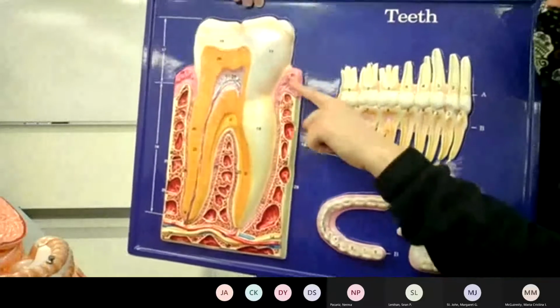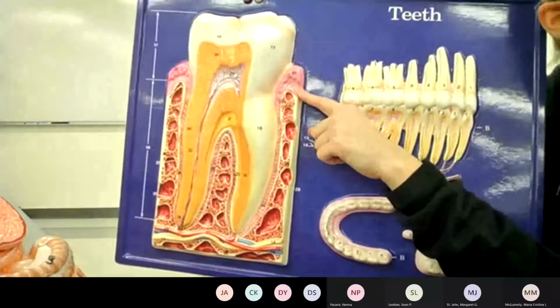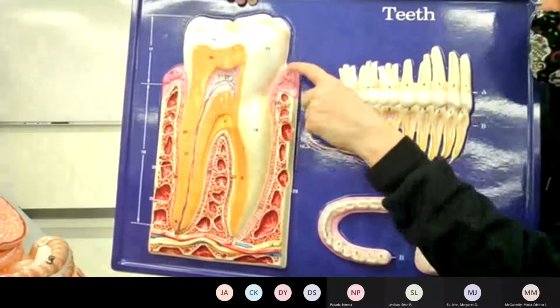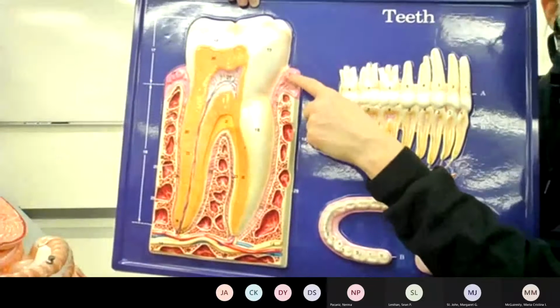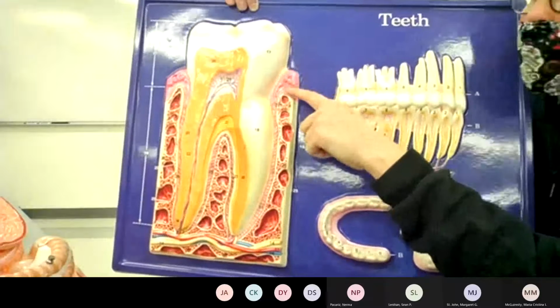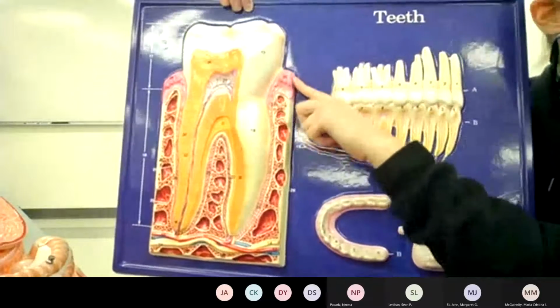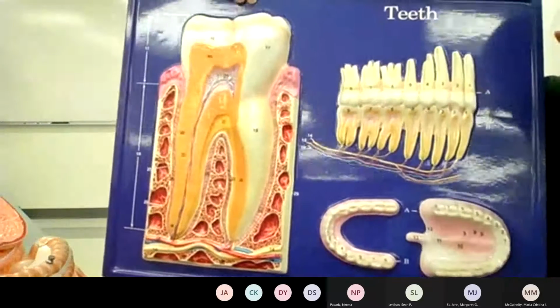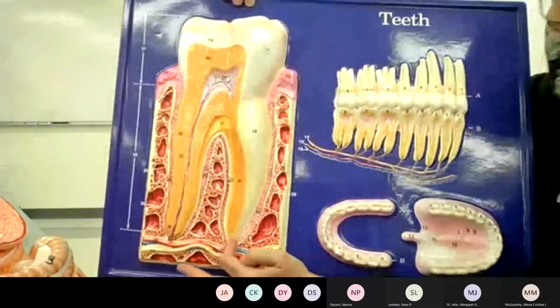All right. The gums are known as your gingiva. Anytime you have inflammation, and again, they will have some epithelial part, then some connective tissue part. They can have a lot of white blood cells and stuff in here. Any inflammation in there is gingivitis. All right. And then the hole in the tooth.